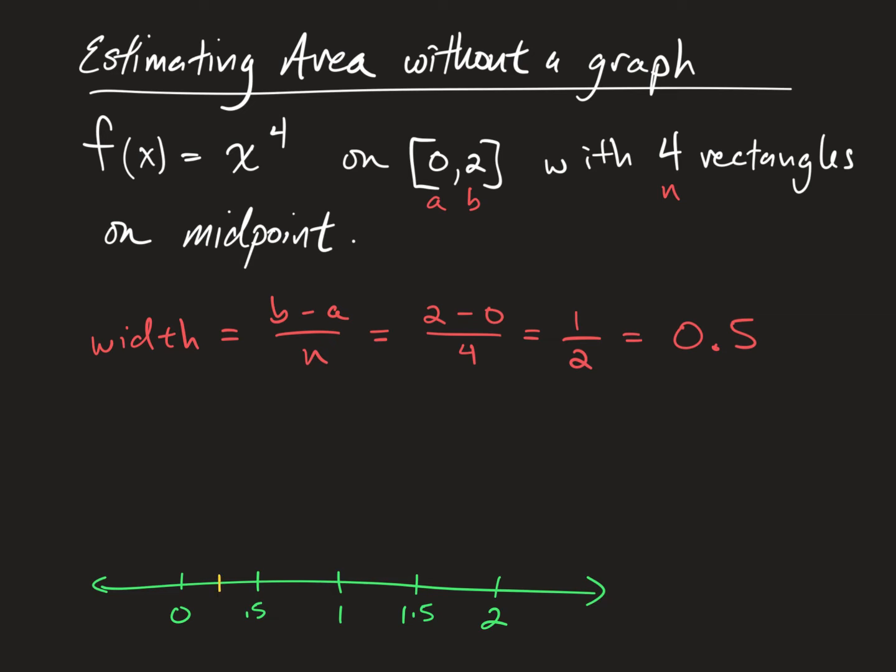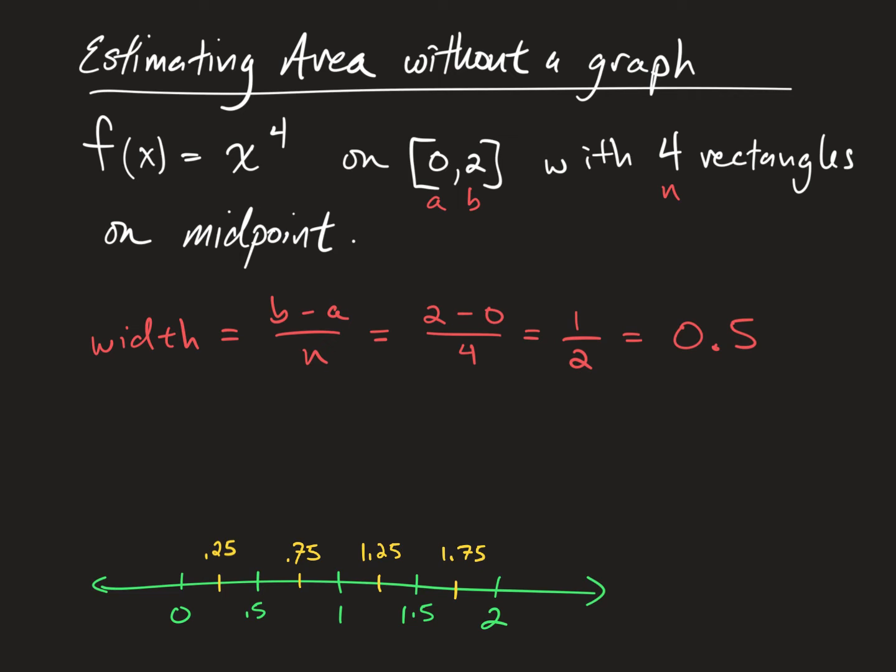To find the midpoint, you can just take the average of those two values. So if you add 0 and 0.5, divide by 2, you get 0.25. Same thing here, when you add 0.5 and 1 and divide by 2, you get 0.75. And that's how you find the midpoint for each one here, 1.25 and 1.75.